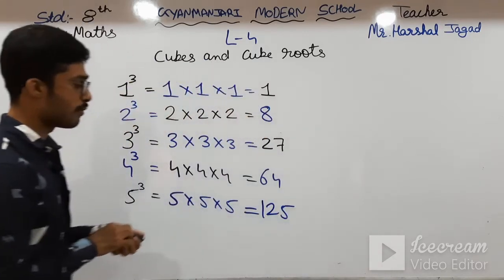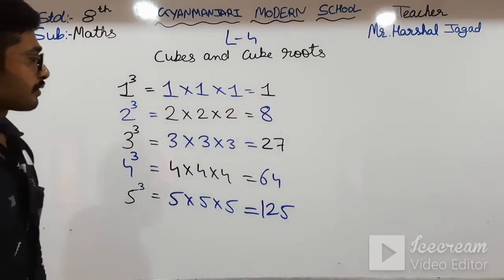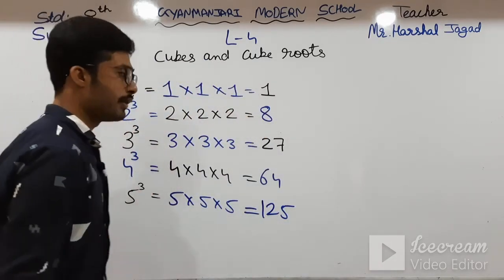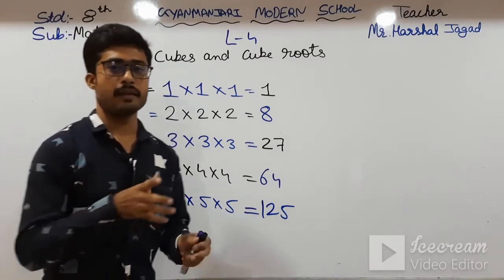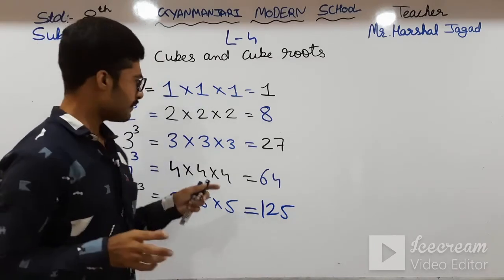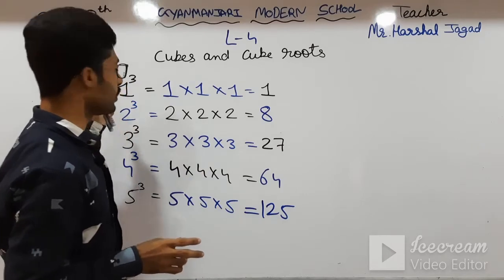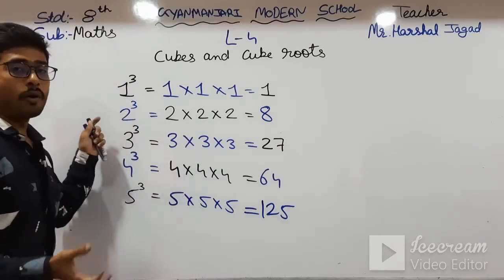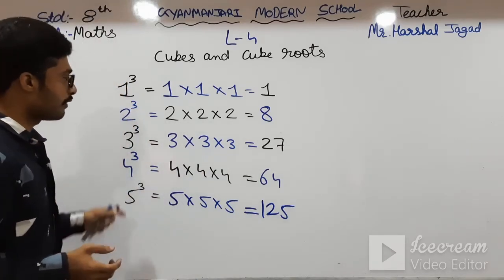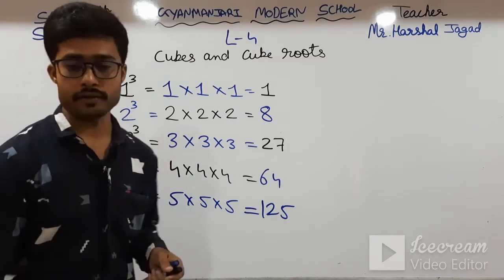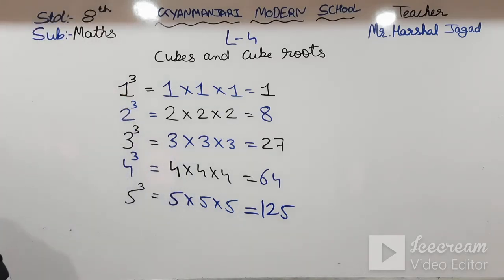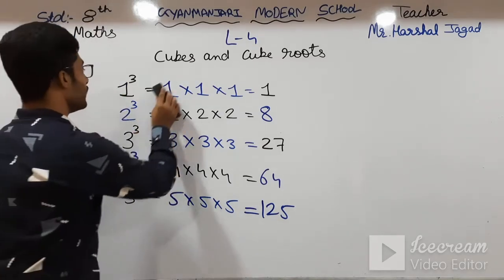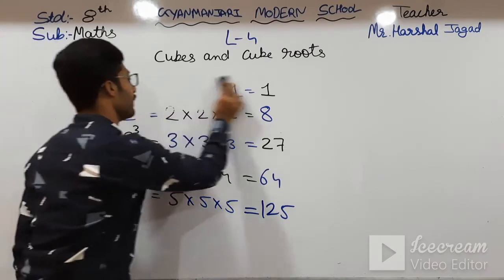So this is the cube of 5. So these are the cubes of 1 to 5. You have to learn by heart all the cubes of 1 to 20. Okay, students. Next we will start with the example number 1.